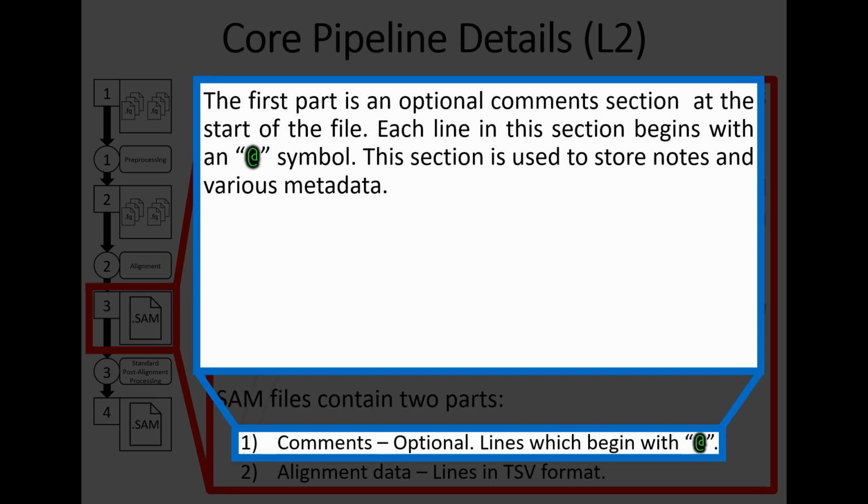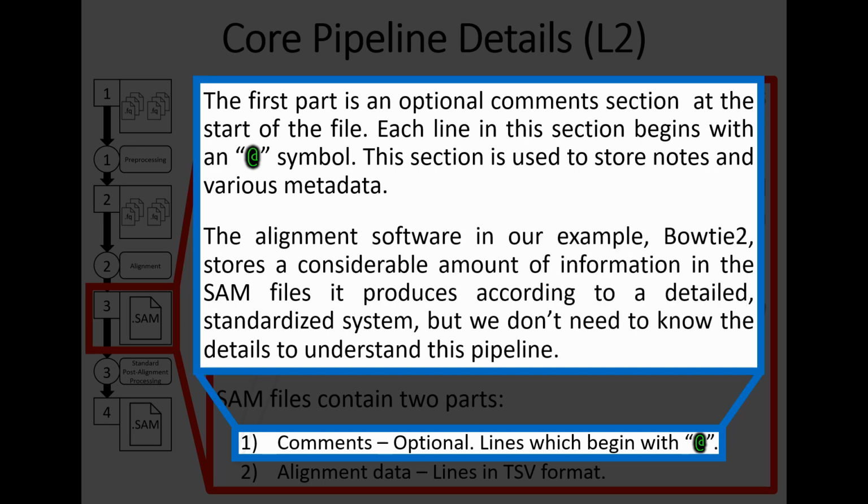As stated previously, these comments can be used to record notes and various metadata, just as they can be completely absent. Different alignment software and different SAM file processing tools each use their own system when recording metadata via these comments. We don't need to know what these systems are in order to understand the core pipeline, so there isn't much point going any further.